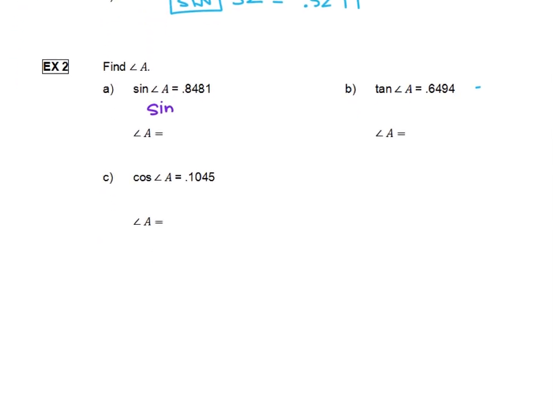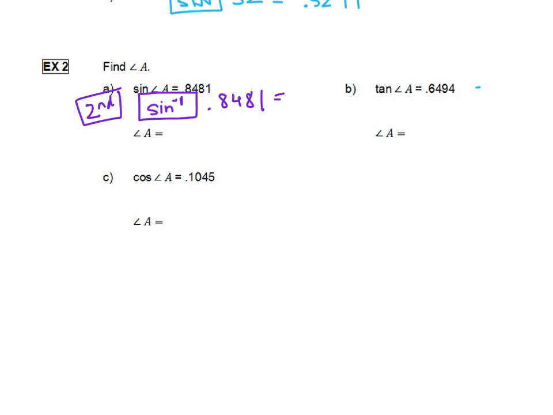So if you're going backwards like this, you have a button on your calculator that will let you go backwards. So it's still the sine button, but if you notice above it, in kind of a different color, it has a -1. This is called the inverse sine. So you're going to have to type your second button and then get your sine button, so you're using that inverse sine, and then you type in 0.8481.